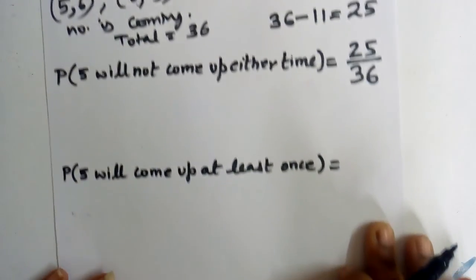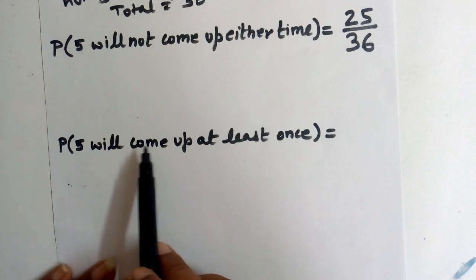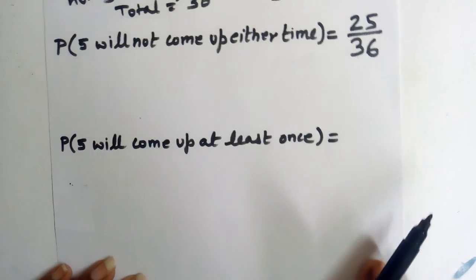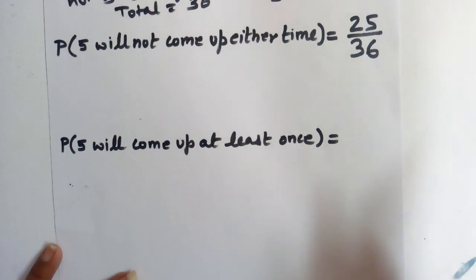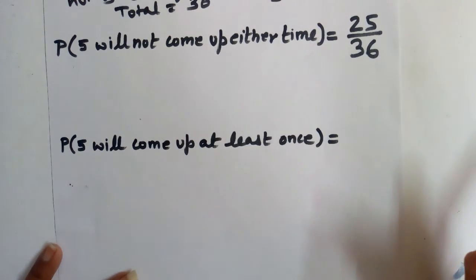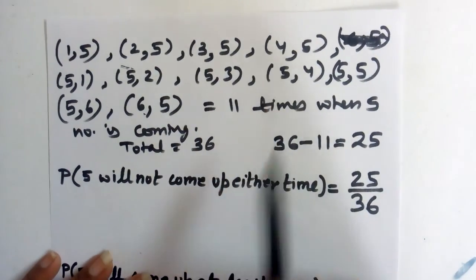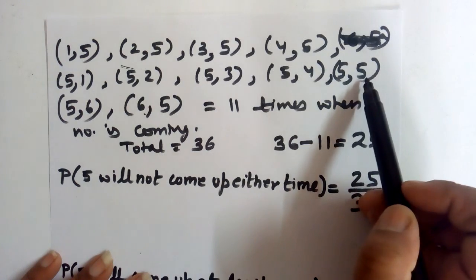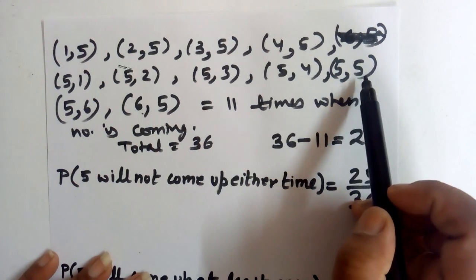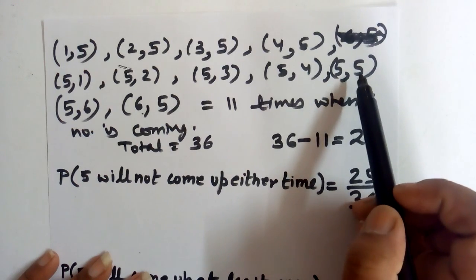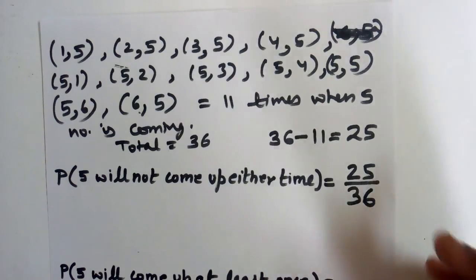Now the second part: we need to find the probability that 5 will come up at least once, meaning either once or twice. If we see this, 5 5 is already one pair where 5 is coming both times. We also consider it because the question asks for at least once; if it comes twice, it's okay.